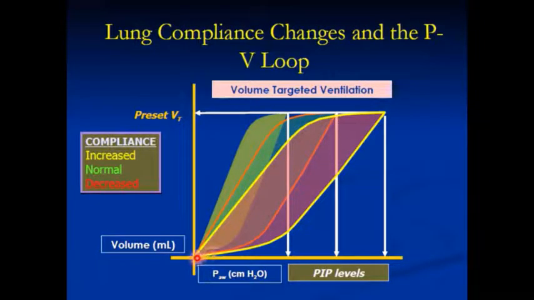Whenever the compliance of the lungs improves, then at a lower airway pressure only, your preset tidal volume will be reached. Whenever the compliance of the lungs decreases, then this is the pressure volume loop. What happens here is the peak inspiratory pressure increases. So whenever the compliance decreases, the loop shifts towards the right.